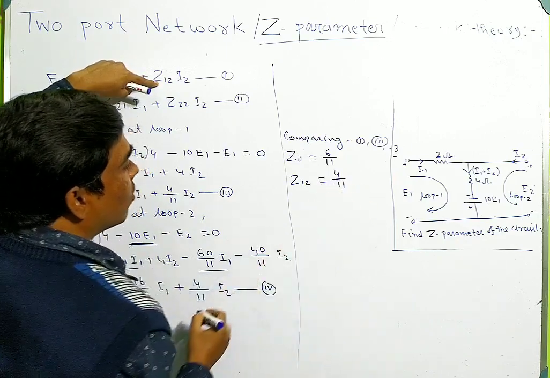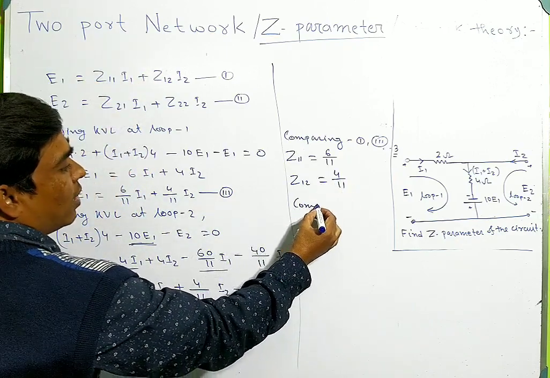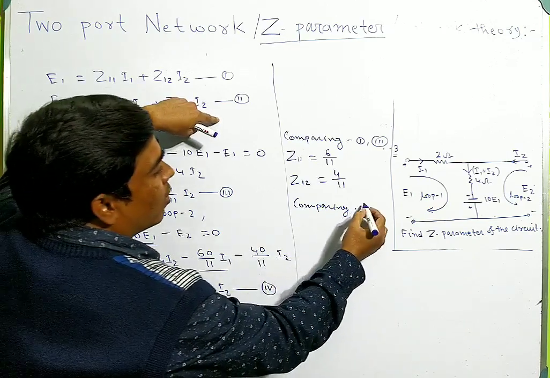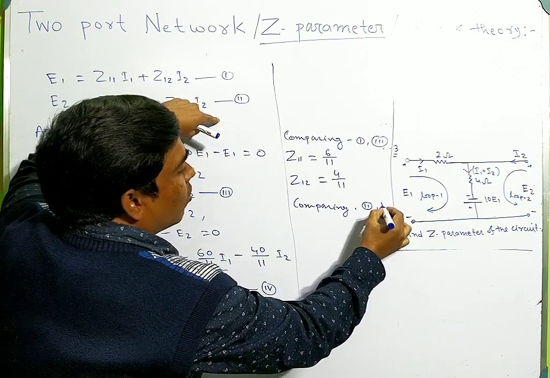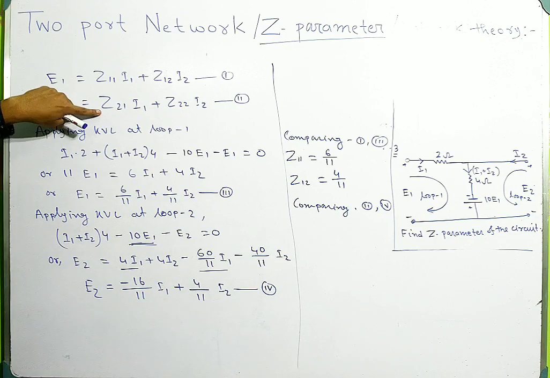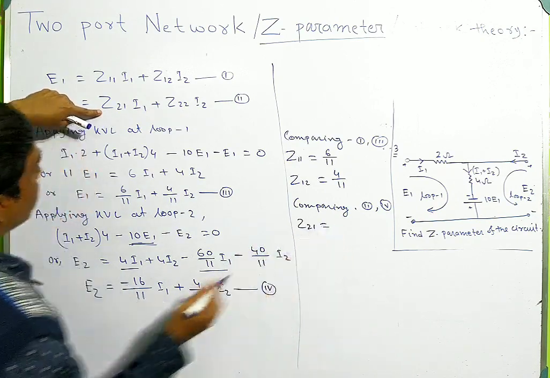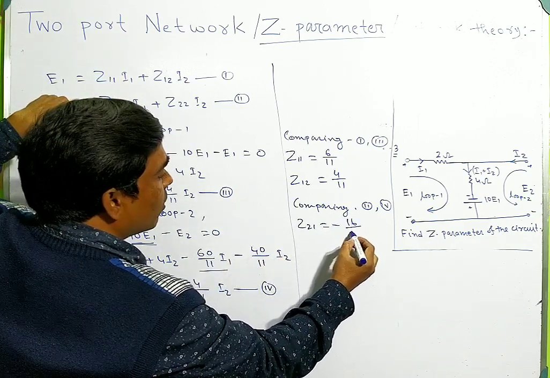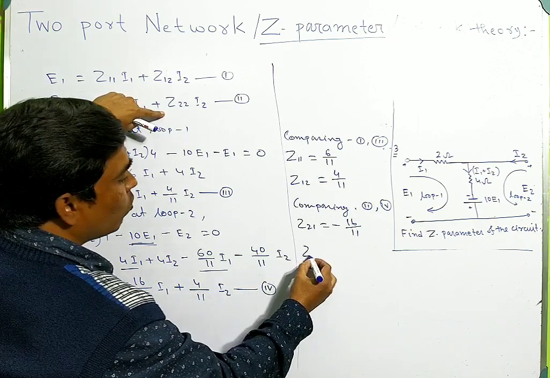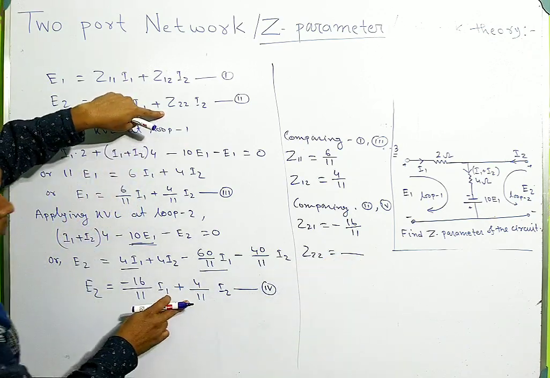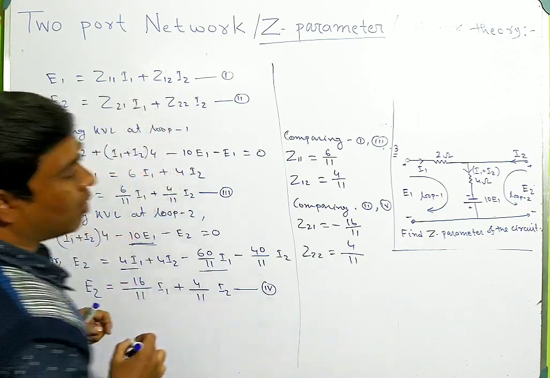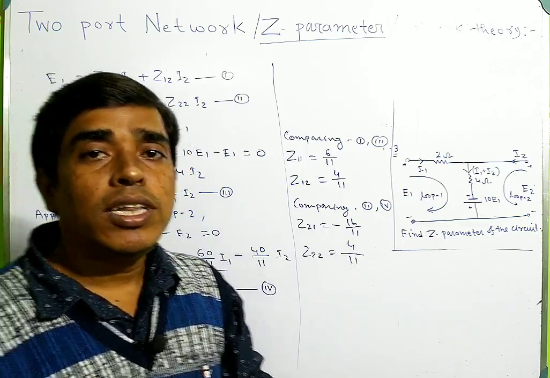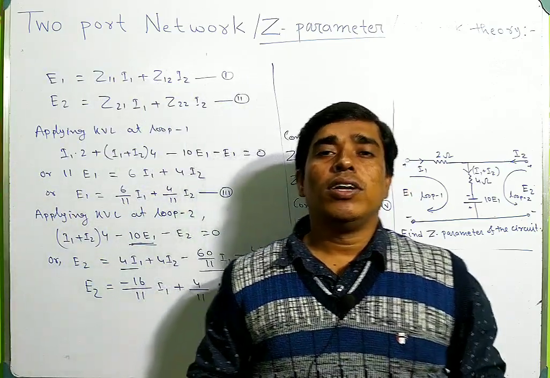Comparing 2 and 4, we will get Z21 is given by minus 16 by 11, and Z22 is given by 4 by 11. These are the 4 Z parameters of this circuit. So in this way you can solve other problems.